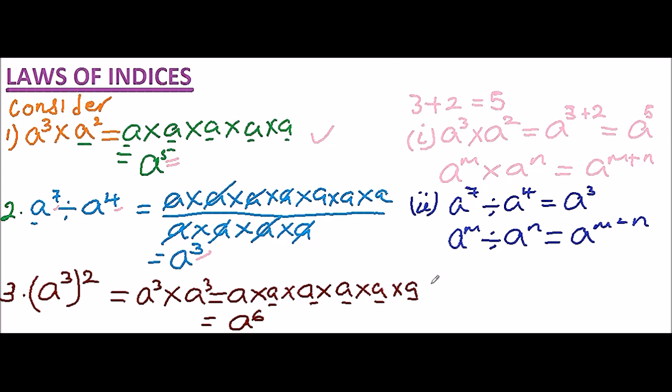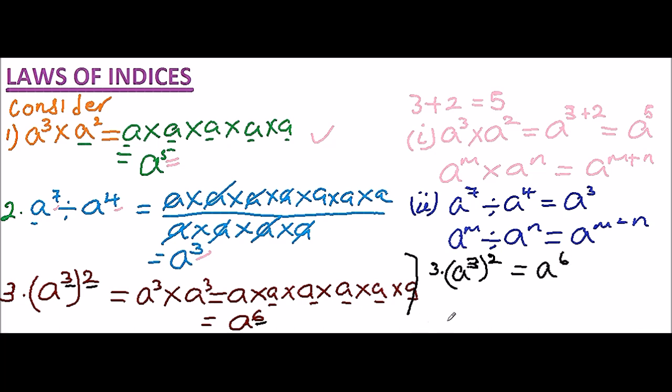Now we go to the third one. We have a to power 3 in brackets, squared. When we multiply 2 times 3, we get 6. Therefore, a to power 3 in brackets squared gives us a to power 6.